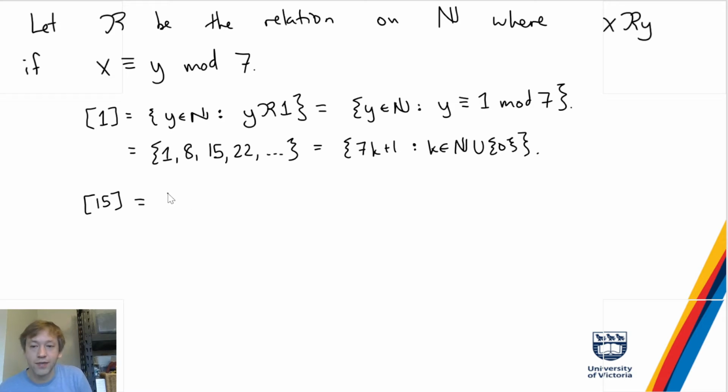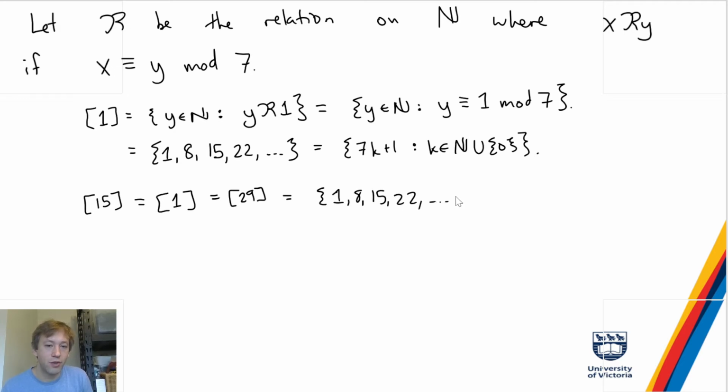So the equivalence class of 15 is the same as the equivalence class of 1, which is the same as the equivalence class of, for example, 29, because it's always going to be the set 1, 8, 15, 22, and so on. If that's not clear to you, then please do think about what this relation is saying, and then you can probably convince yourself that this is true.